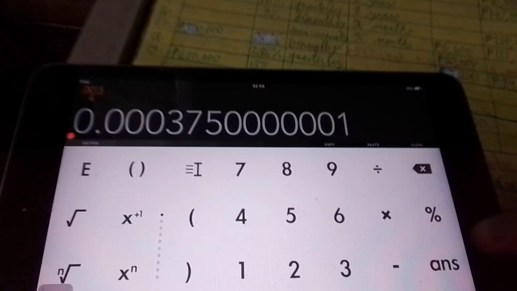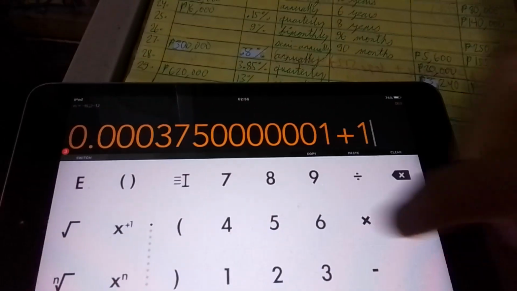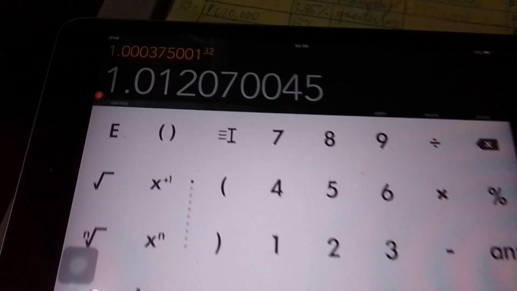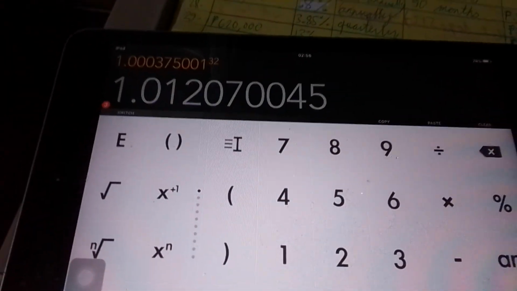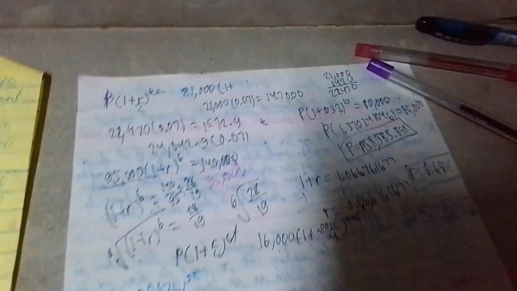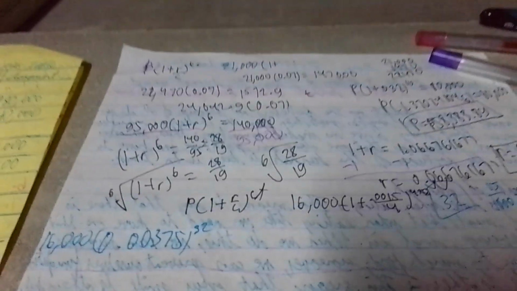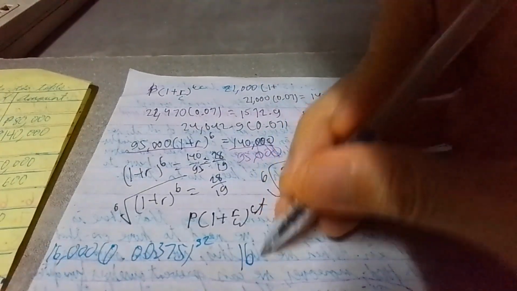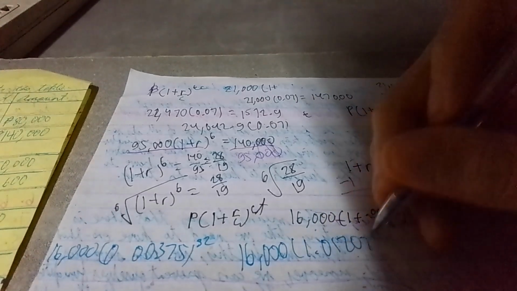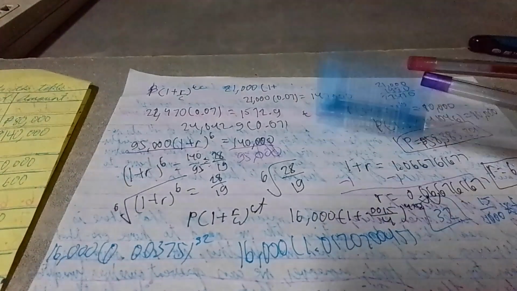So we're going to have to divide that by 4, and you should get this answer. Right? And then we need to add that to 1. So we should get this answer. Then we raise that to the 32nd power. Right, we should get 1.01207 something. So the correct answer should be 16,000 times 1.012070045. Okay?